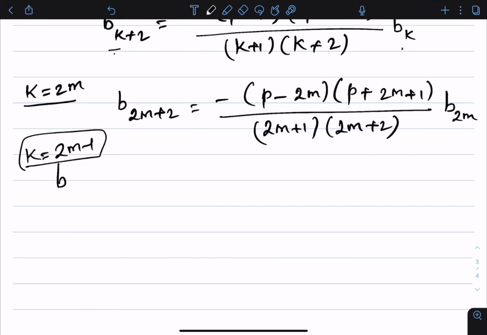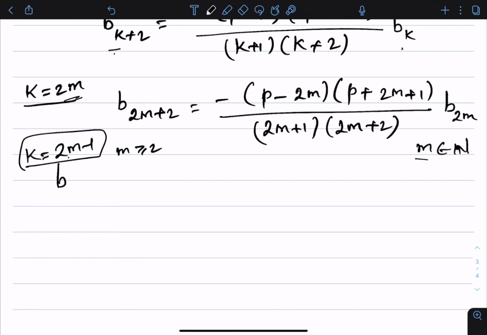Okay, so this is valid for all m which is natural numbers, right? So k is even, then m is natural. Now for 2m minus 1, you start for all m bigger than or equal to 2, because when you take m equal to 1, you are starting from 2 here, so next is 3. You have to start from m equal to 2, so 4 minus 1, 3, that is how you start.